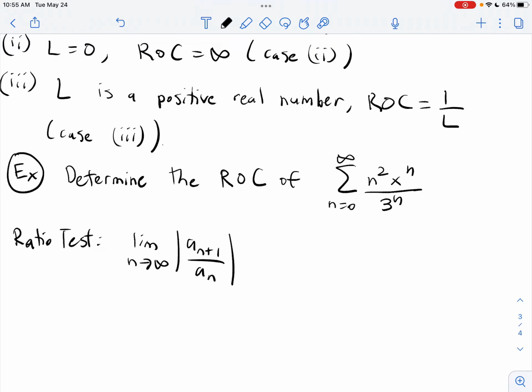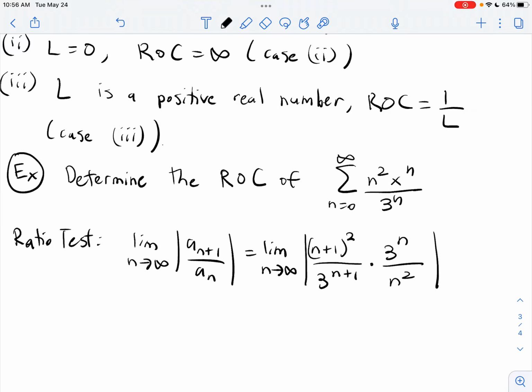So what do we end up with here? a n plus 1 is going to be n plus 1 squared over 3 to the n plus 1, times, because dividing by a n is the same as multiplying by the reciprocal of a n, 3 to the n over n squared.